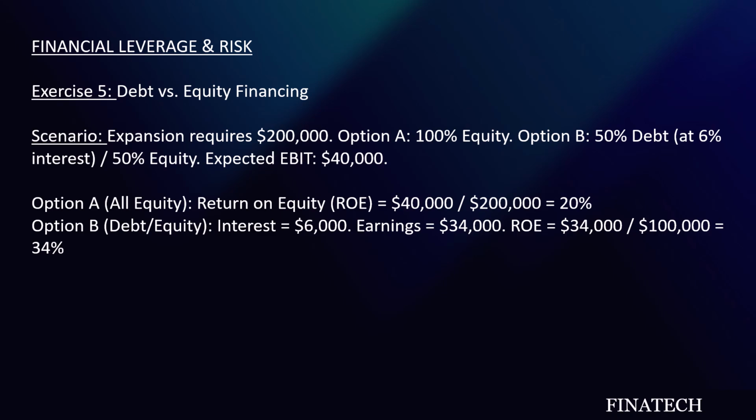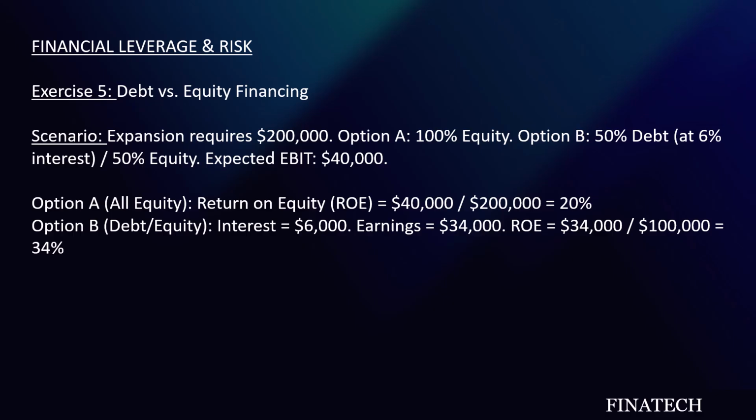Option A, all equity. Return on equity, ROE. If you calculate, you have 20%. And for option B, the interest is $6,000. The earning is $34,000.